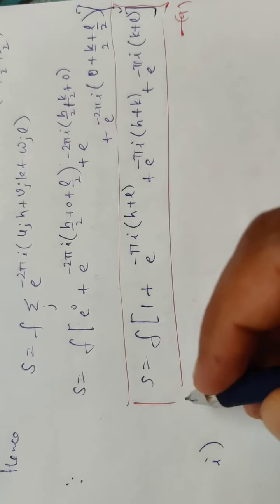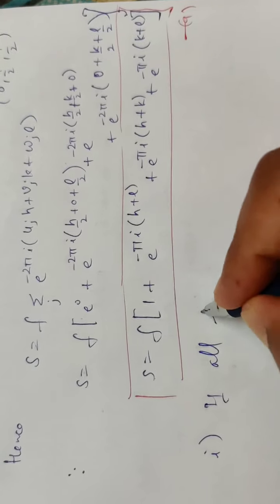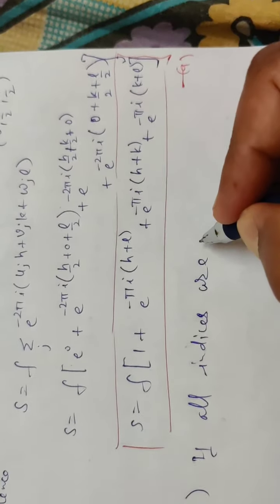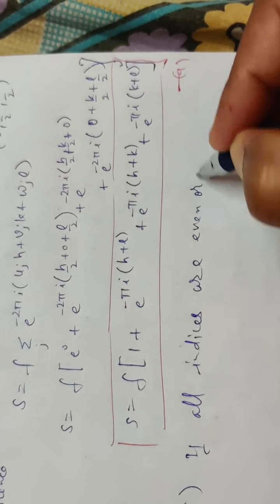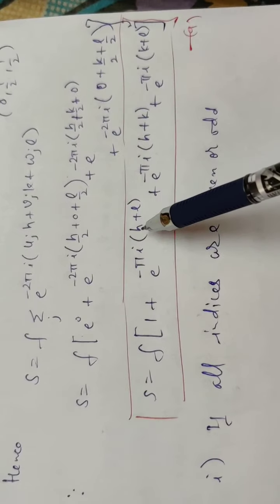First, if all Miller indices are even or all are odd, then the exponentials will be 1.